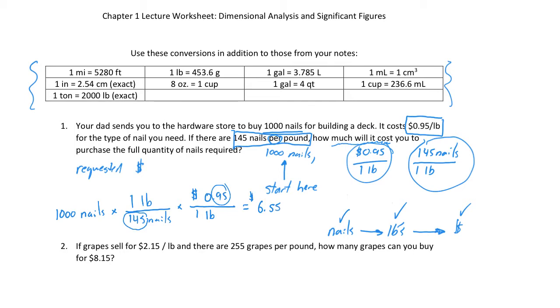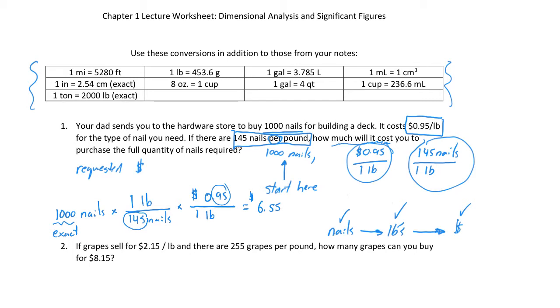Now, this is money, and because it's money, significant figures is a little bit different. But let's apply the rules of sig figs that we already know. Let's take a look at what we have. First off, we have 1,000 nails. Now, that's a counting number, so that should be exact. So it has an infinite number of significant figures. For every 1 pound, there are 145 nails.